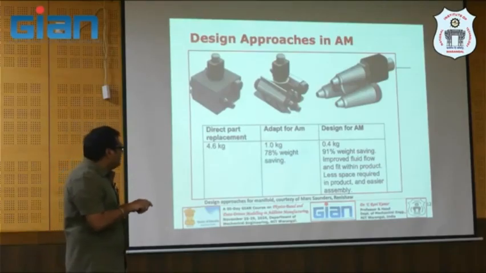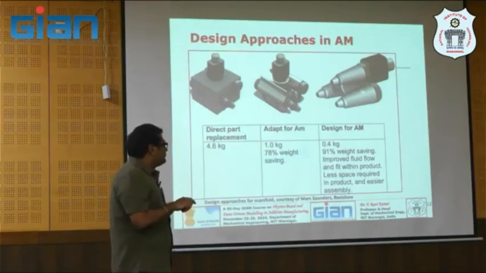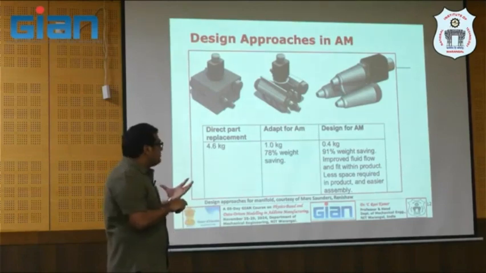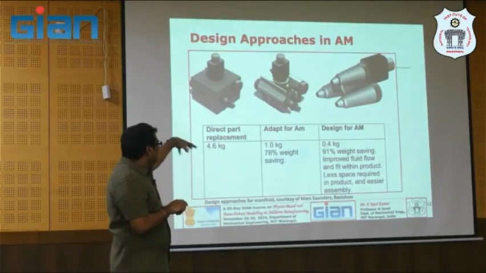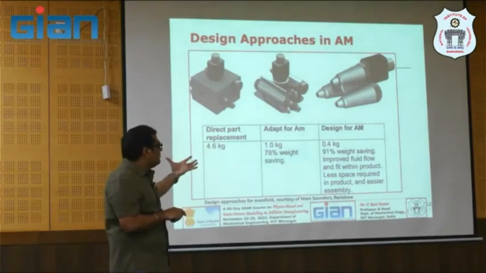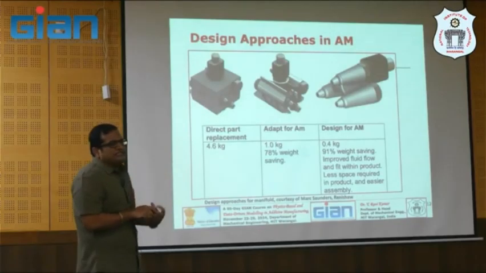And then that you may call adapt for additive, but you have one more step ahead. Design for additive means not only form, but also functionality. Now you can see you have changed the fluid flow directions in a different way, where it has improved the fluid flow and the efficiency of the system because of your design change.